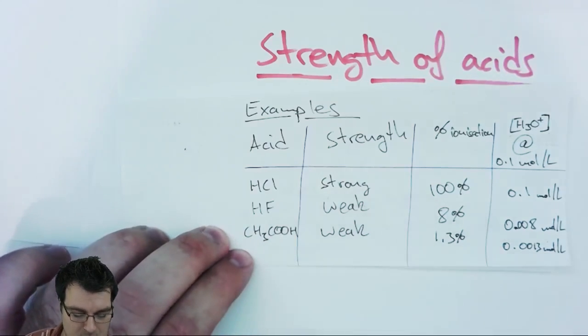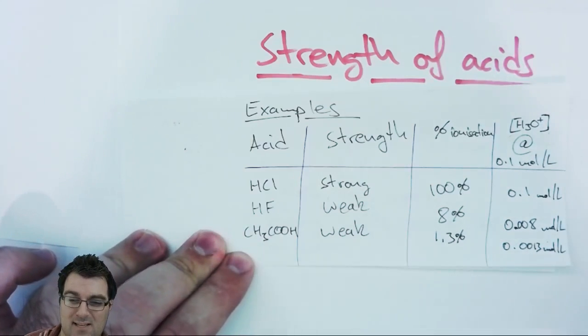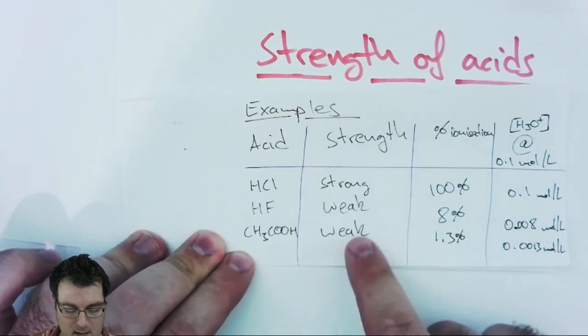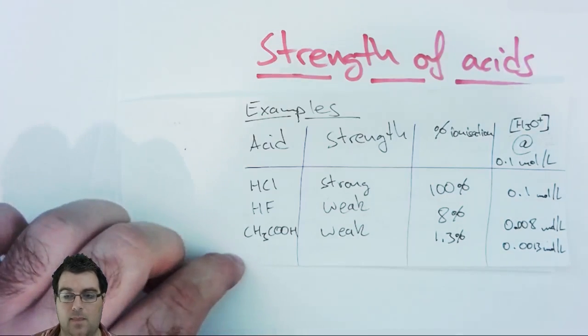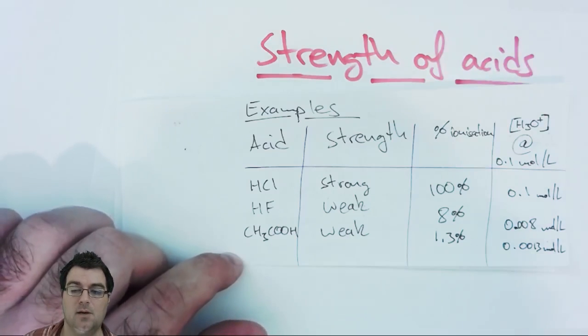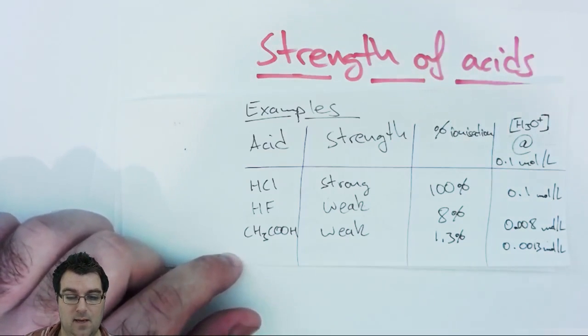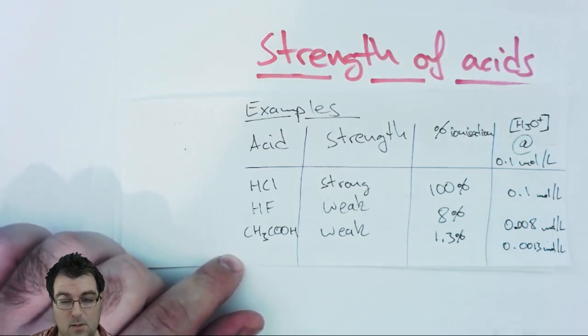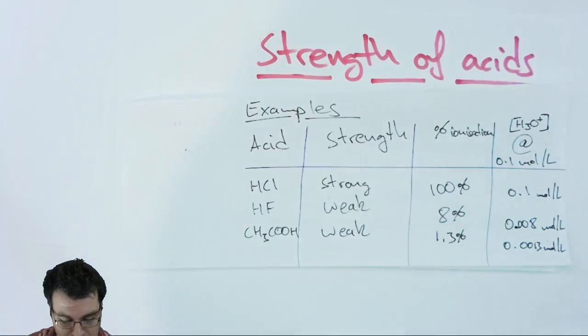Hydrochloric acid is a strong acid; hydrofluoric and ethanoic acid are both weak acids. That means hydrochloric acid is going to ionize 100%, whereas HF and ethanoic acid will only partially ionize, as you can see here, 8% and 1.3% respectively.